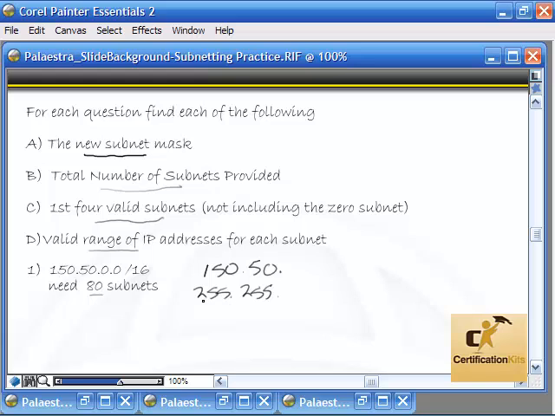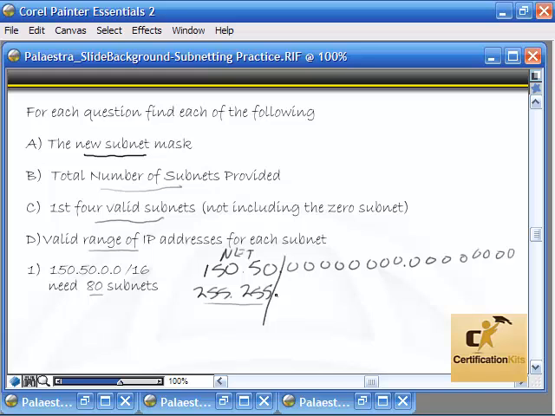The Class B default subnet mask is 255.255, so the first 2 octets are reserved for the network portion of the address. So if I were to change this 150 or 50, I'd be using somebody else's network address. And then all I do is convert and write out the zeros. Kind of a pain, but worth it.